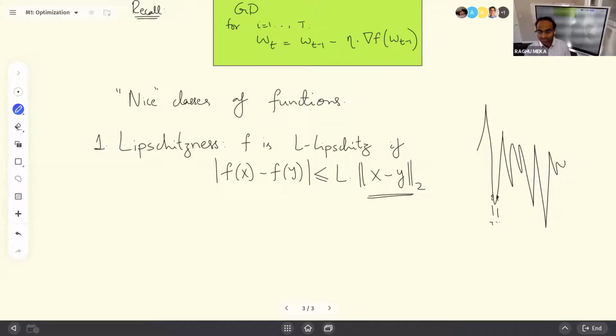The most common and natural one for many applications is the L2 distance, just the Euclidean distance between two points in high dimensions.